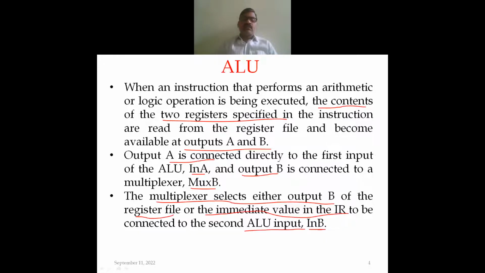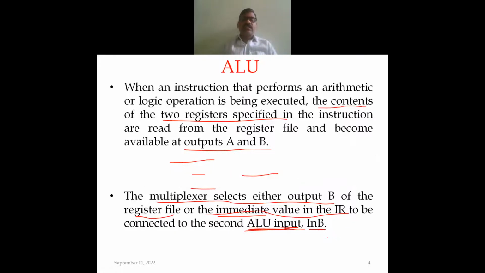So that is whether it is a register file output or we are providing the immediate operand value. If it is an immediate operand value, the mux will use the selection bit as 1. If it is a register file output, then the mux will select 0. Based on that, the mux will provide the second input value to the arithmetic logic unit as INB.